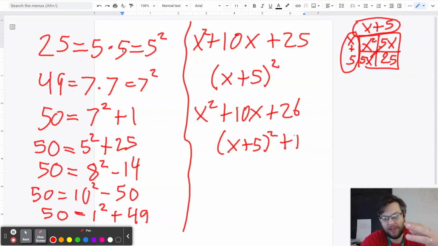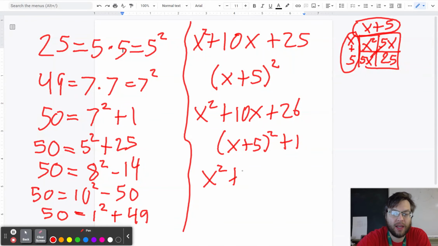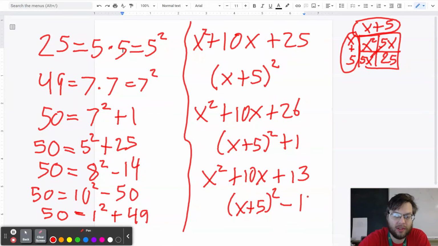To get up to 26, I need to add one more. If, for example, I had x squared plus 10x plus 13, I could write that as x plus 5 squared minus 12. Where does the minus 12 come from? 13 minus 25 is minus 12.